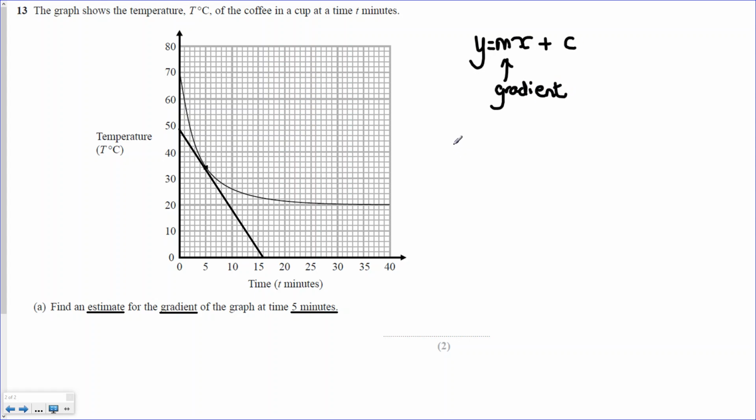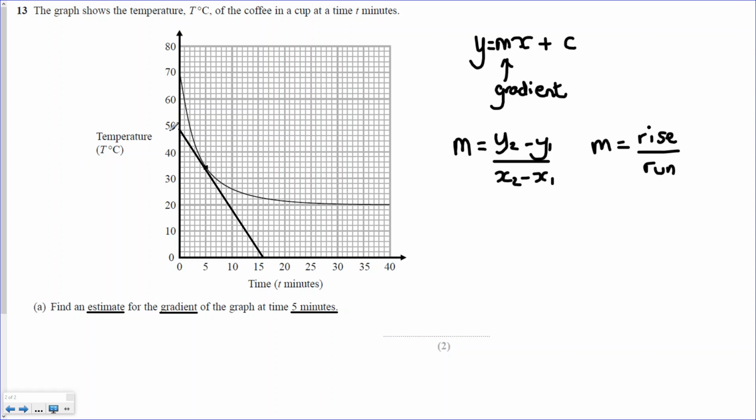There's a couple of ways to do this. m equals, now you've got a formula, y2 minus y1 over x2 minus x1. Or it's the same as saying, I like to call it the rise over the run. Basically changing y divided by changing x.